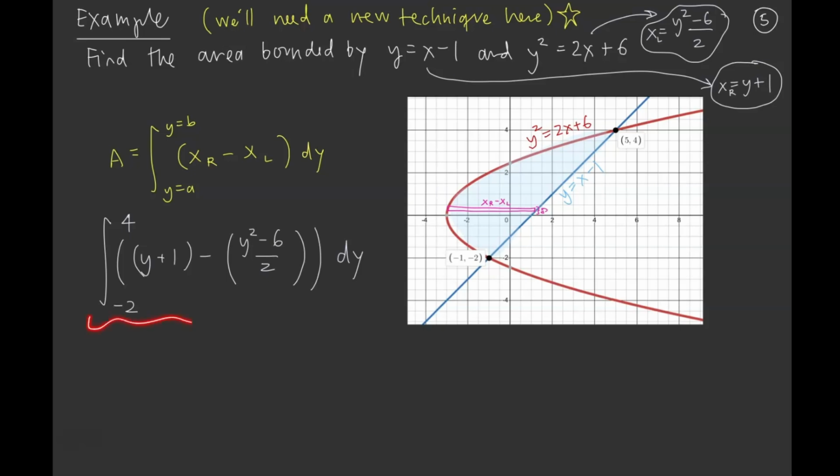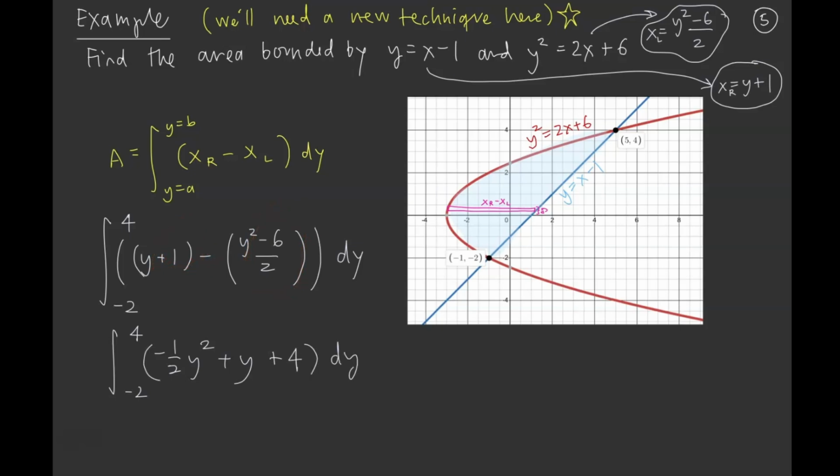And this is the integral that we want to evaluate. We can clean it up, and we could evaluate it by hand pretty easily. From -2 to 4, there's a -1/2 y squared, there's a plus y, looks like there's a plus 1, plus 3, so a plus 4, dy.